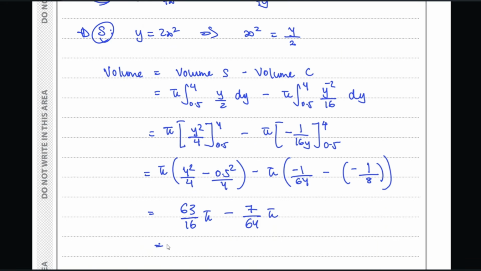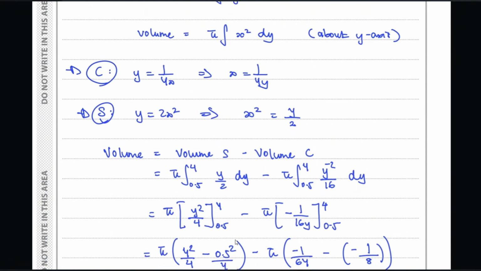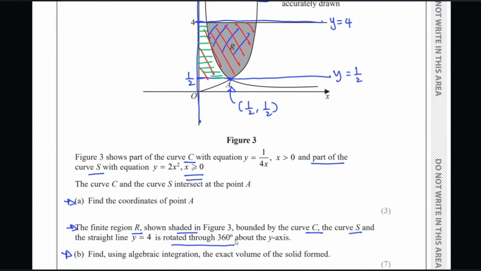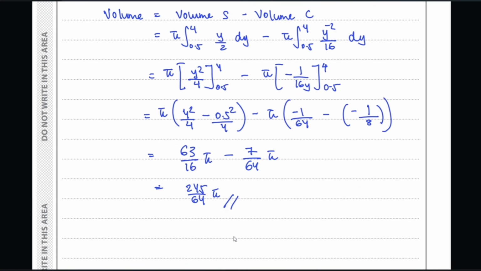If we subtract these, 63 over 16 minus 7 over 64, we get 245 over 64 pi. That should be the answer for question B: the volume of revolution of the shaded region when rotated through 360 degrees about the y-axis is 245 over 64 pi.